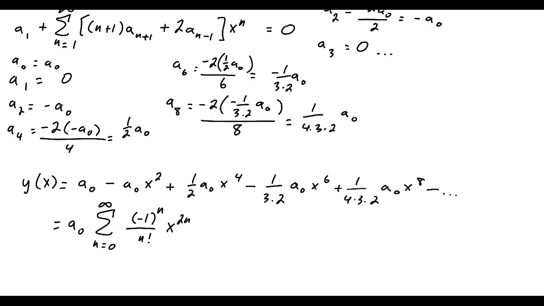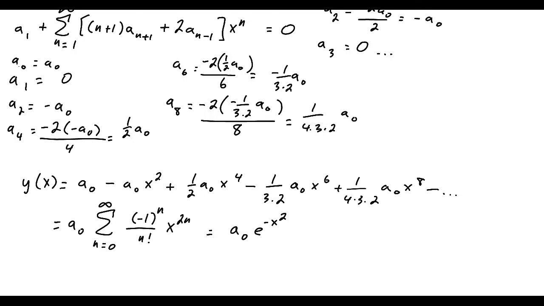And now that you've done that, this is actually a known power series. We know what e to the x is. Well, here this is actually e to the x with an inserted negative x squared. So this will be equal to a sub 0 times e to the negative x squared.